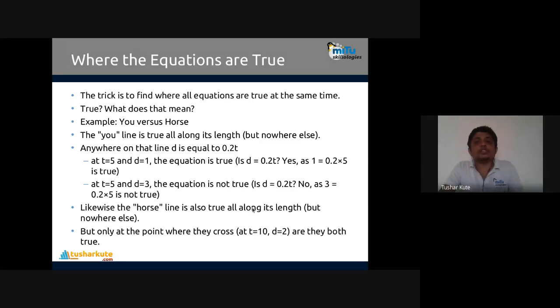Okay, the equation is true, that is d is equal to 0.2 t, so it will be 0.2 into 5. You can also see this is how the linearity is identified here. What value do we have? 0.2.